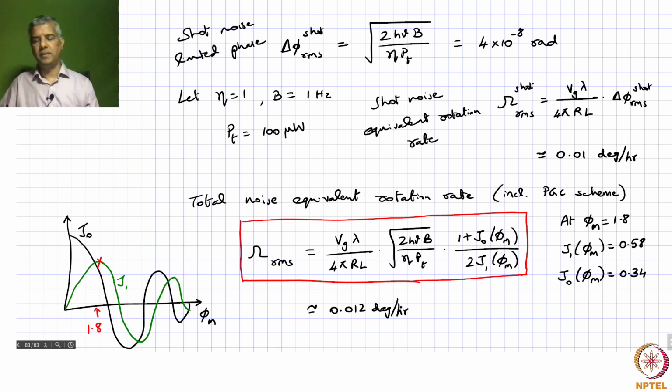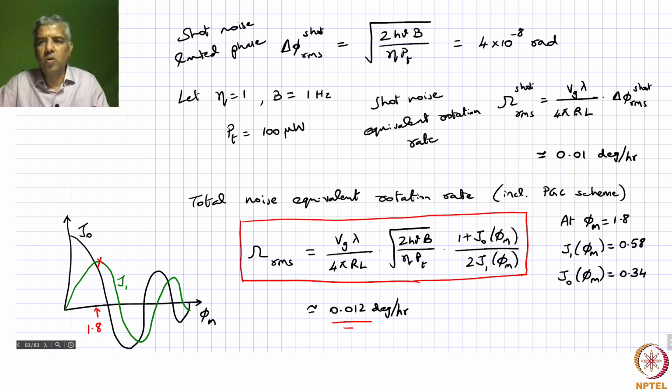Okay. So, that does not change things too much, fortunately. So, you are still at around 0.01 degree per hour. And of course, in commercial gyros, you do have an issue with R being 0.1 meters, 10 centimeters.